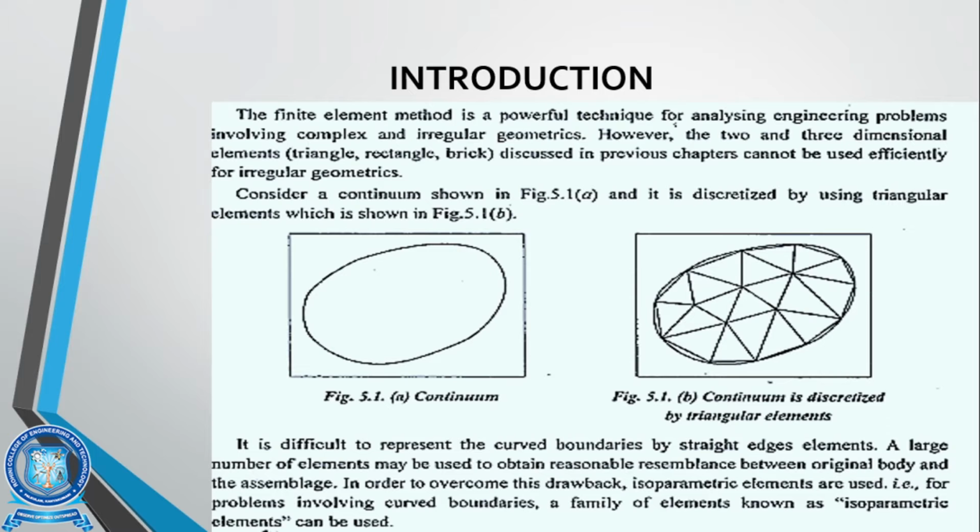It is very difficult to represent the curved boundaries by straight edge elements. A large number of elements may be used to obtain reasonable resemblance between the original body and the assemblage.